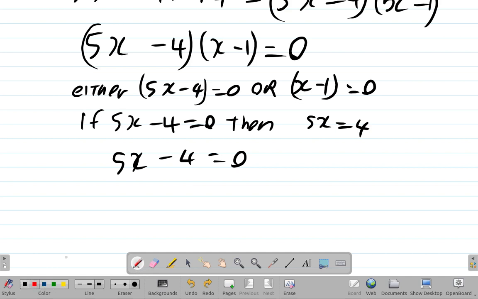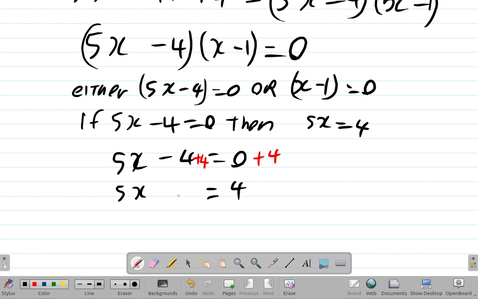It's going to make life a bit easier to get rid of the 4 first. How do you get rid of negative 4? You add plus 4. But if you add 4 to the left, you must add 4 to the right as well. So you say 5x, the negative 4 plus 4, that's gone, equals 4. Alright. Then you need to get rid of the 5. You cannot subtract 5 now, because 5 multiplies x. What's the inverse of multiplication?